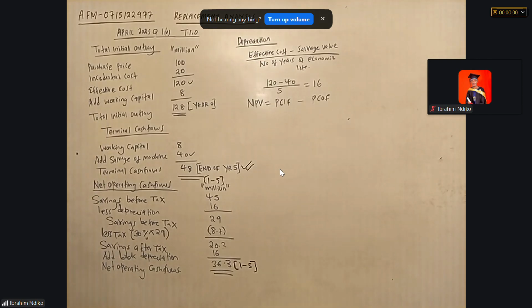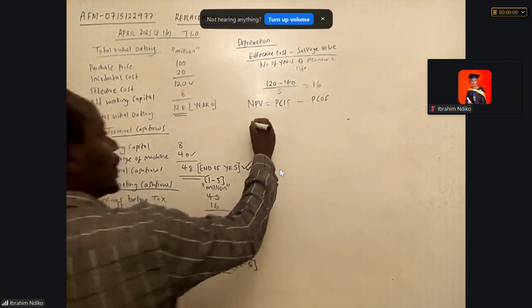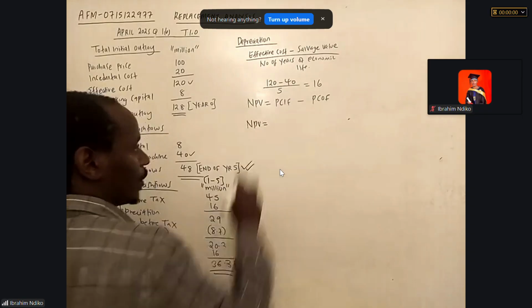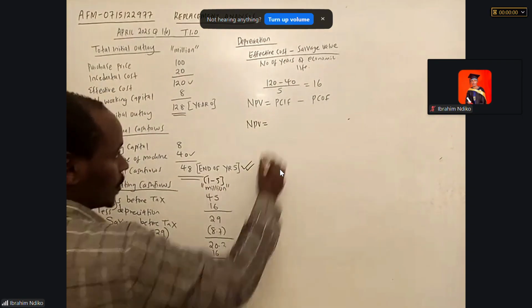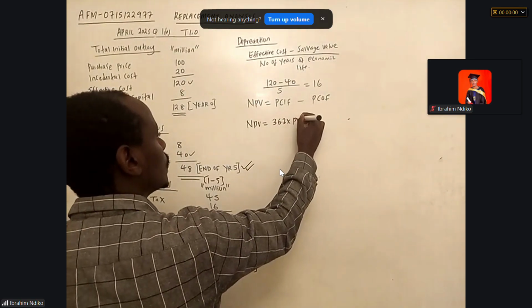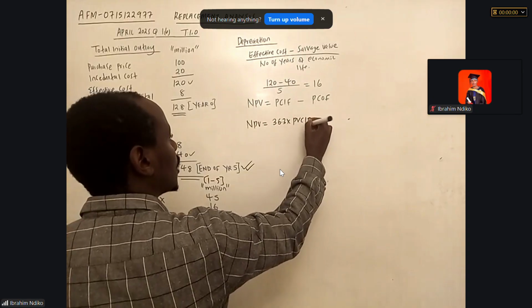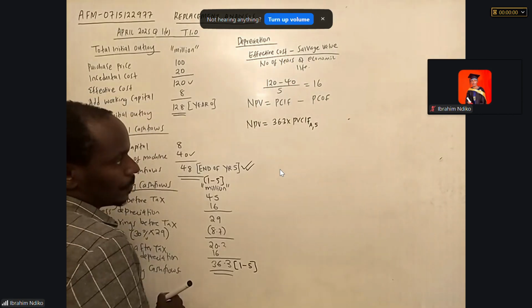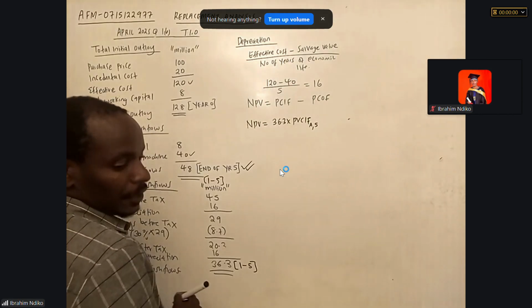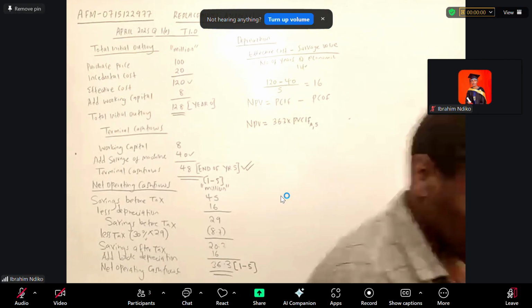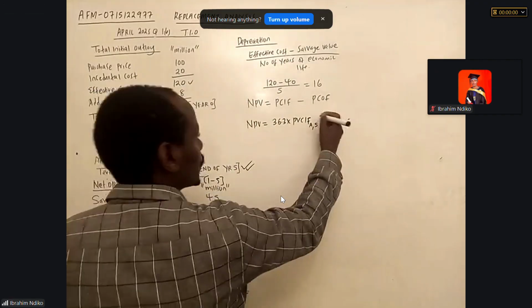Sivyo? Yes. So meaning our NPV, let's start with the present value of cash inflow. That is 36.3. You multiply with the present value interest factor. Remember it's an annuity, year 5. What's the rate? 12%. So the rate is 12%.